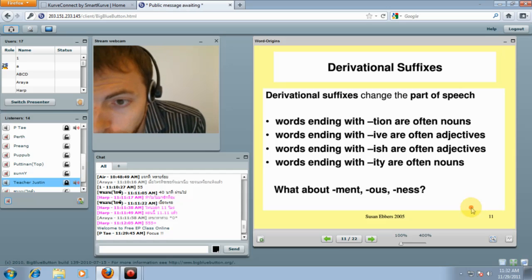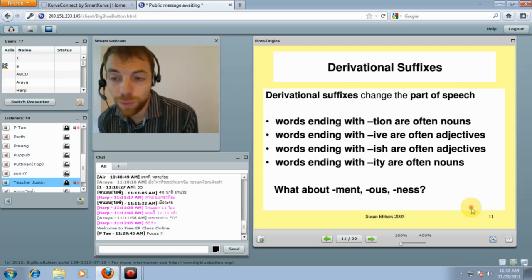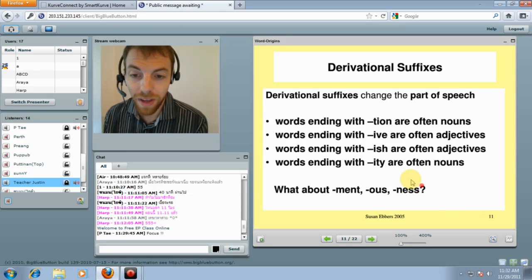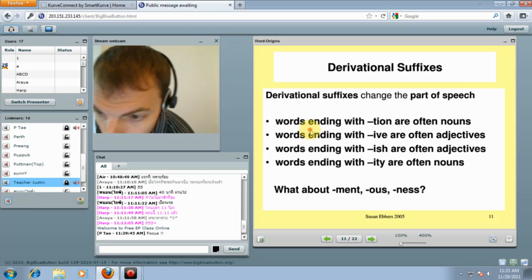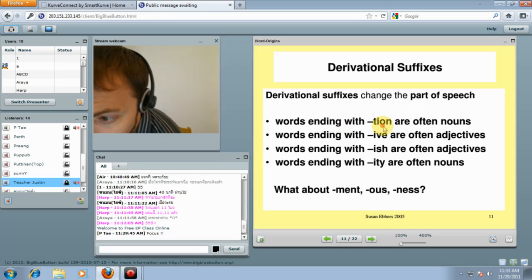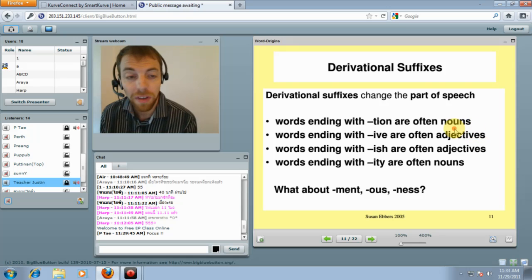Okay, so let's talk about suffixes. A suffix will come at the end of a word and can change the tense and sometimes the meaning too. So words ending with tion are often nouns. A noun is a person, place, or thing.